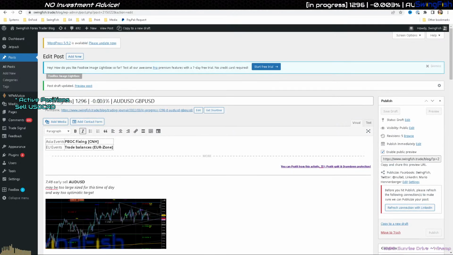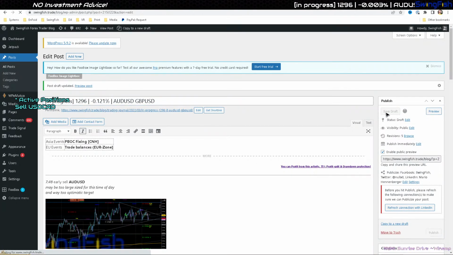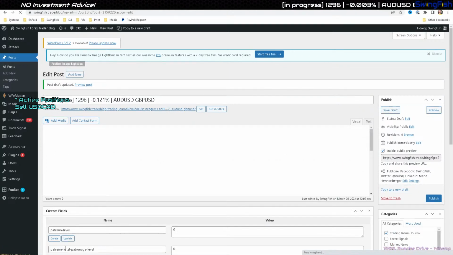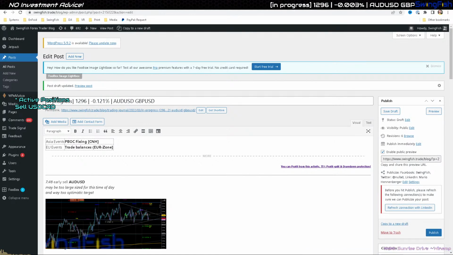High pips, stop. 20 profit. Too bad. Pound yen. I feel like shorting it.